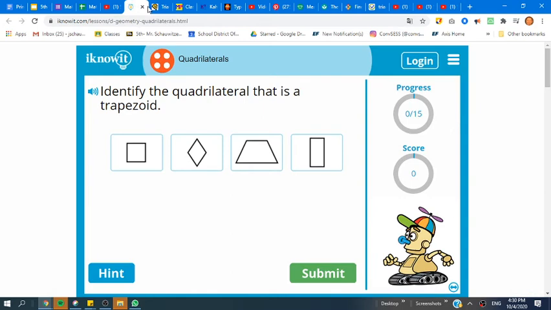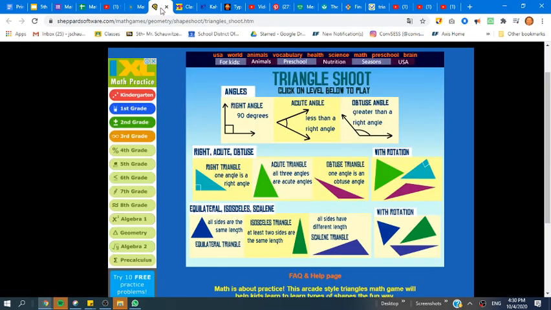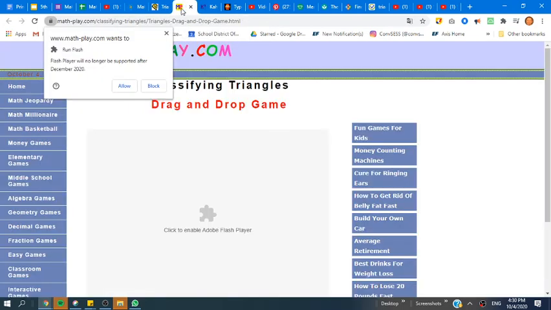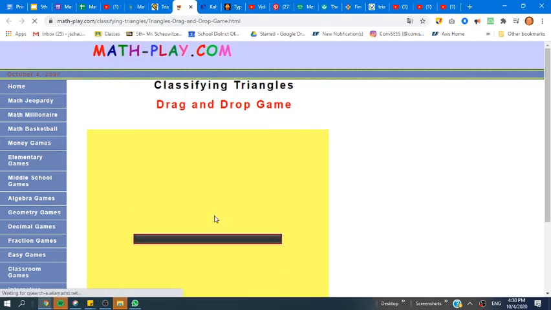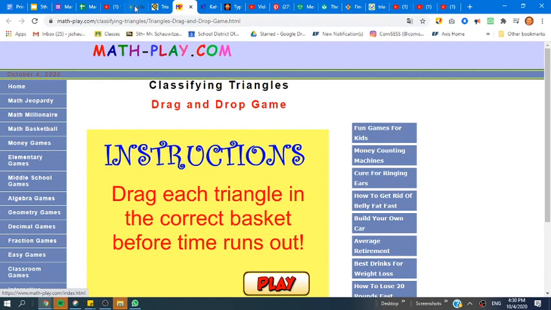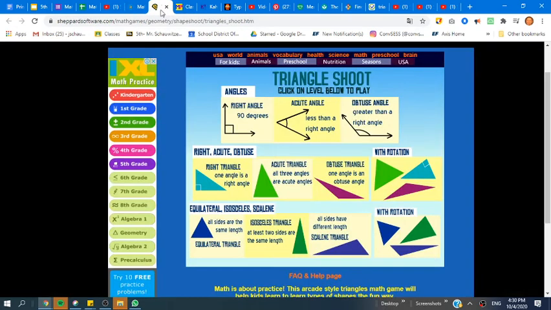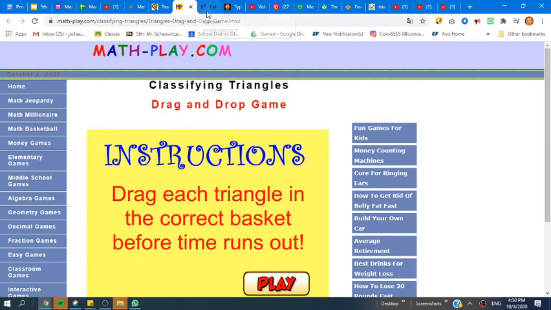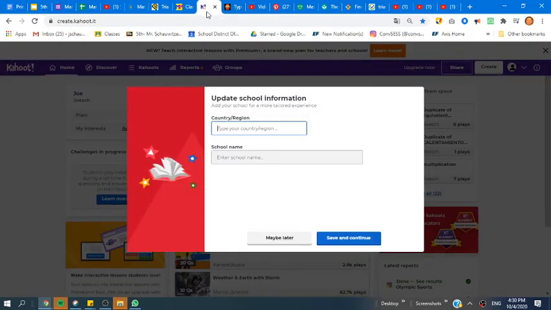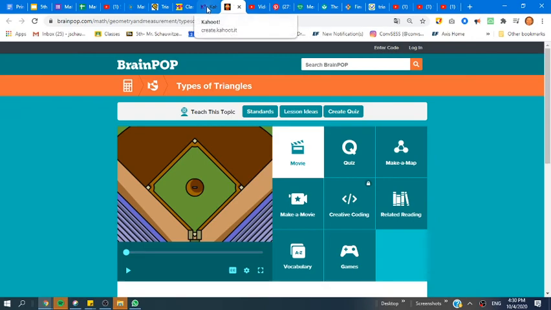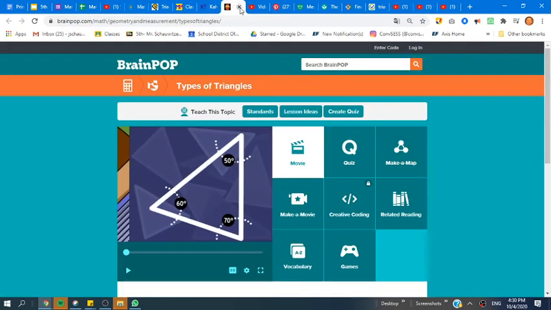Just because I shared the games last time doesn't mean you can't try them this time. These are really good games to understand classifying triangles, understanding the difference between triangles and quadrilaterals, so definitely check out those links to those games from last time, okay? If you have a chance to play the Kahoot with Teacher Julia, here is the information as well as the BrainPop video from last time.